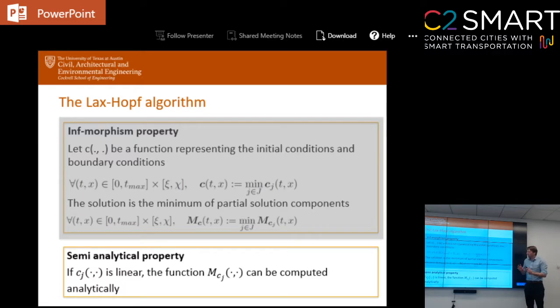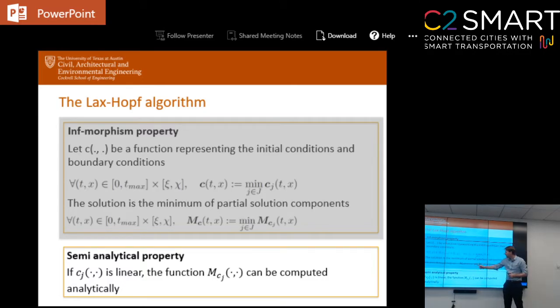That property states that if you have a set of initial and boundary conditions, you can break them into a set of simpler functions, which is what we can do. Imagine, for example, that you have a piecewise linear initial condition. You can break that into a set of linear pieces. And because we can compute the solution for each of these linear pieces, we can also compute the solution associated with this piecewise linear initial condition.